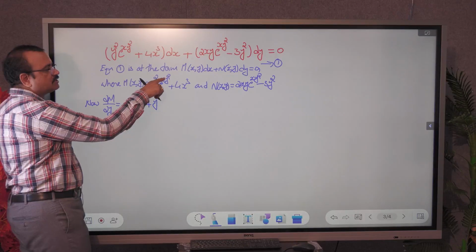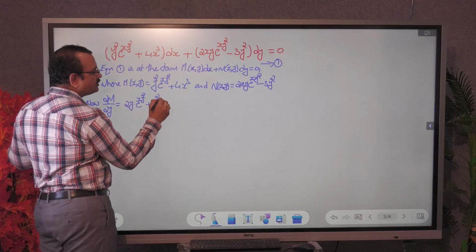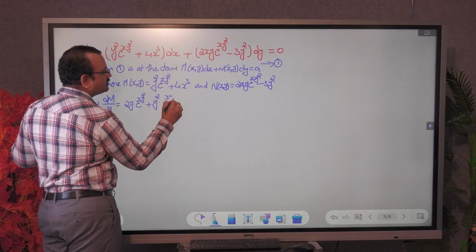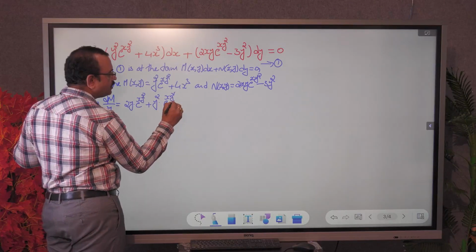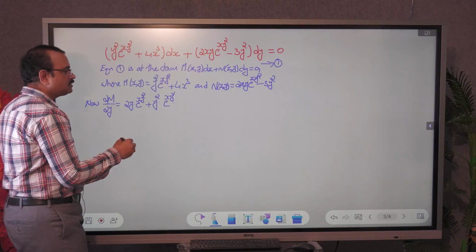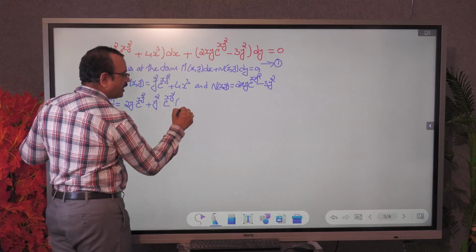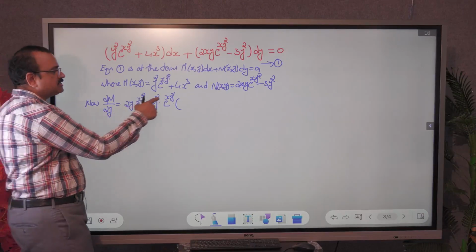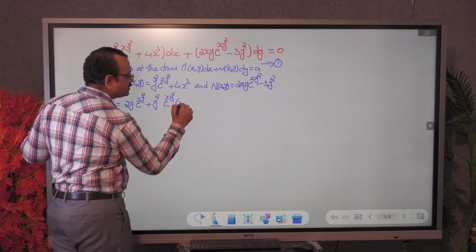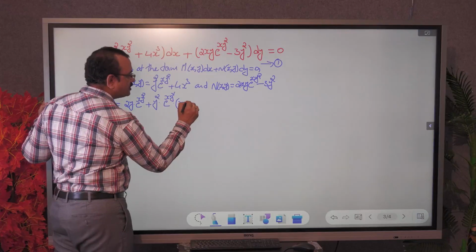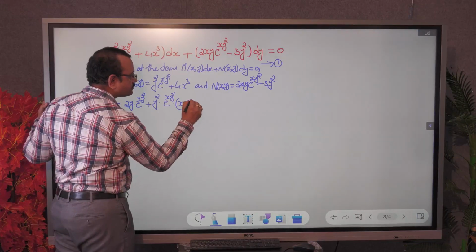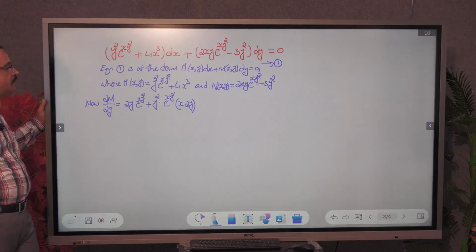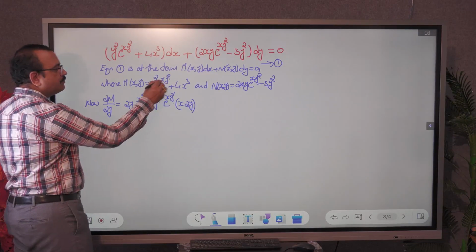In e power xy square also we have the y square term, so it is of the form e power x, the derivative of which is e power xy square, into the derivative of xy square, which we also have to calculate. While calculating that, we are taking the partial with respect to y, so x is a constant, you leave that x, and the derivative of y square is 2y. So this is how we can find the derivative of the first term y square into e power xy square.